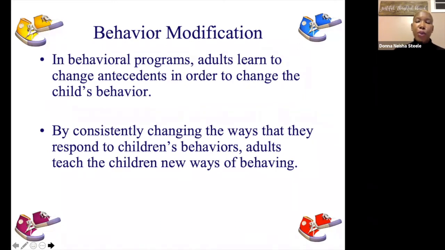In behavioral programs, adults learn to change antecedents in order to change the child's behavior. So if a parent or a teacher or somebody close to the child is enrolled in a behavior program, or the teacher decides to take the time out to teach the parent how to manage a particular behavior, they learn that a lot of the time, the triggers are in the antecedent, what happens before a child does a particular behavior.